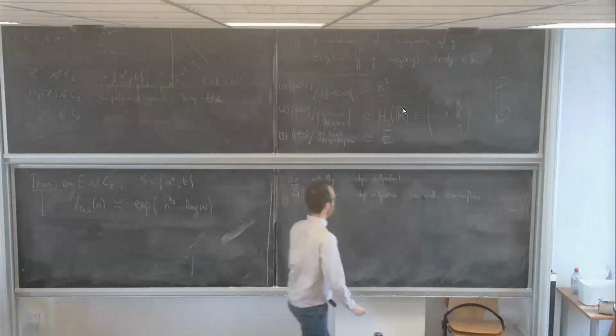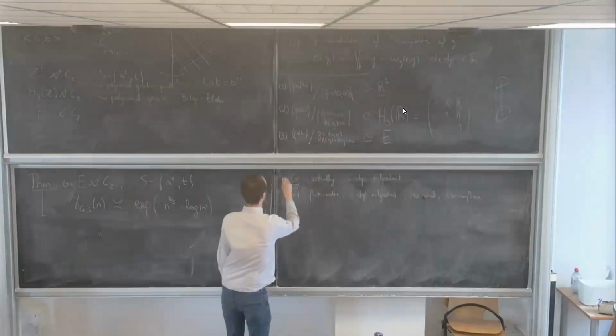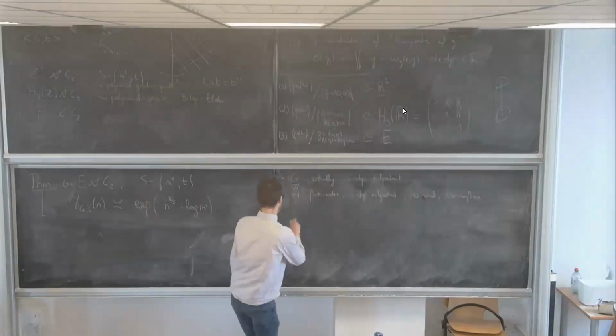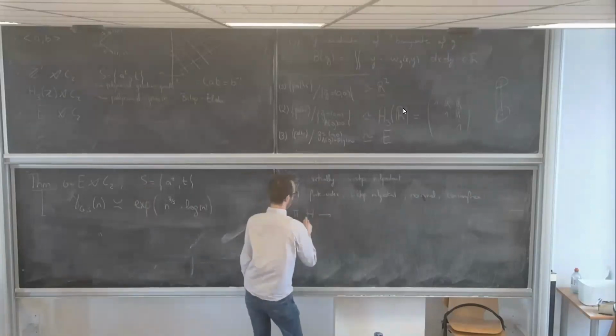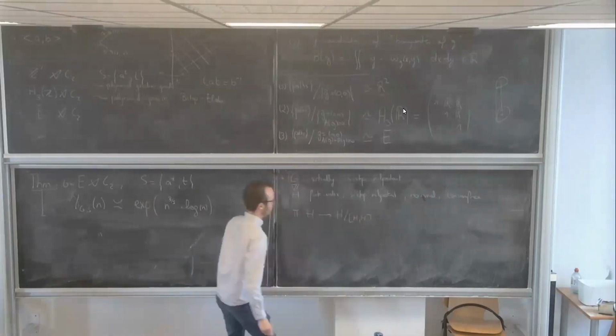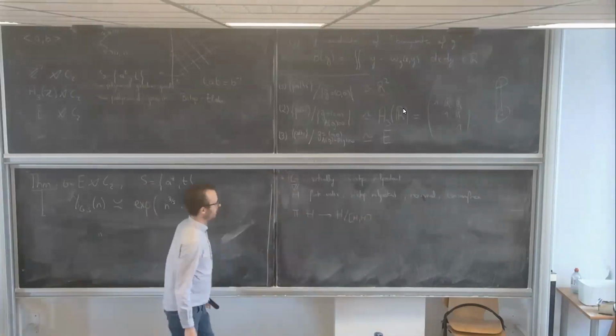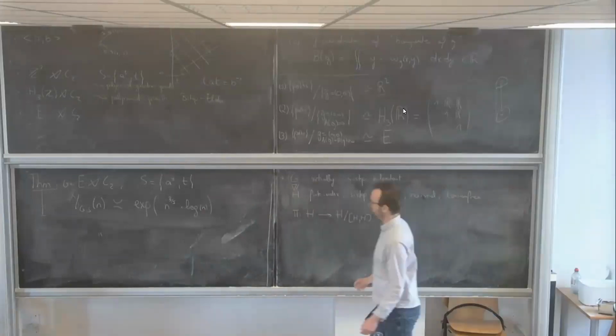So we find some subgroup like this, and then I need some more data to state the results. So I'm going to define pi, the natural map from H to its abelianization.